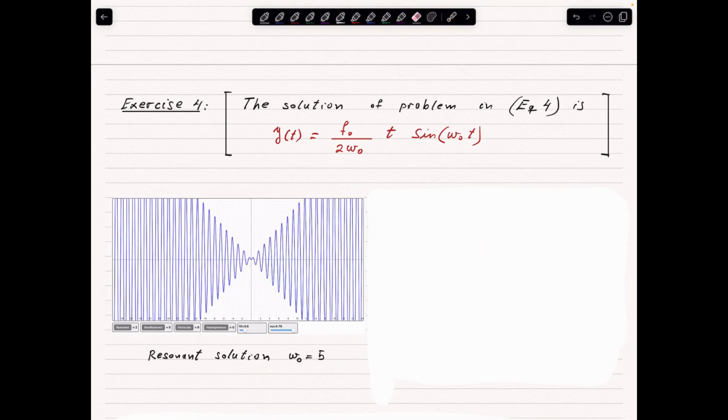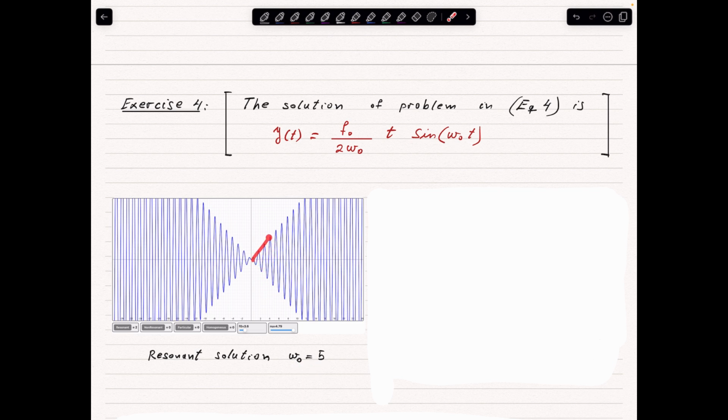Well, here it is. It's a solution that has an amplitude that increases in time with the factor t. So here it is, this is the factor t with this slope. And it's a sine function because it starts at 0 and then oscillates with the natural frequency, which is 5 in this picture.